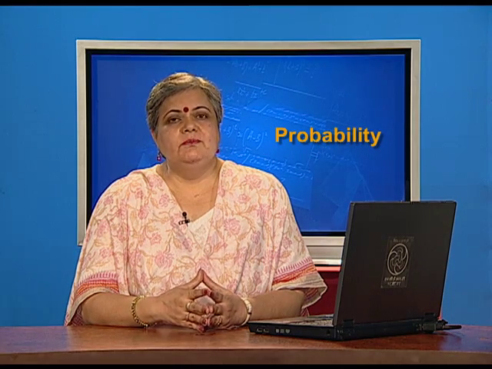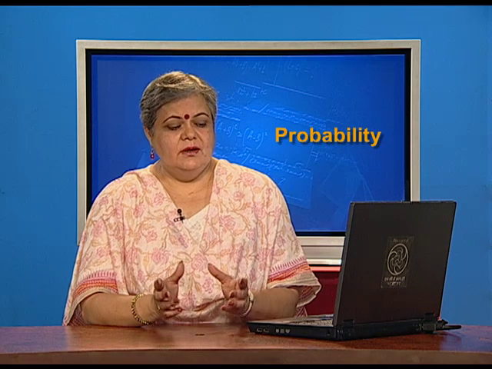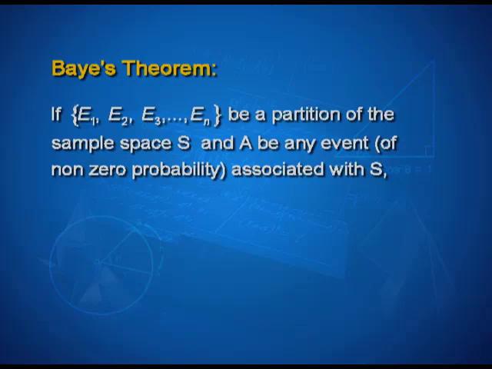Bayes theorem talks about a sample space being partitioned by events E1, E2 and En, and in association with these events there is an event A. E1, E2, E3 etc. are partitions of the sample space.